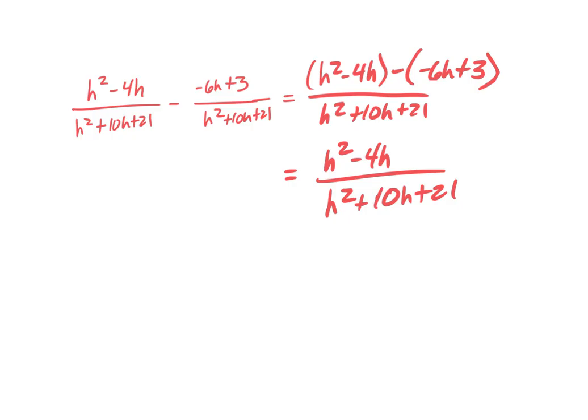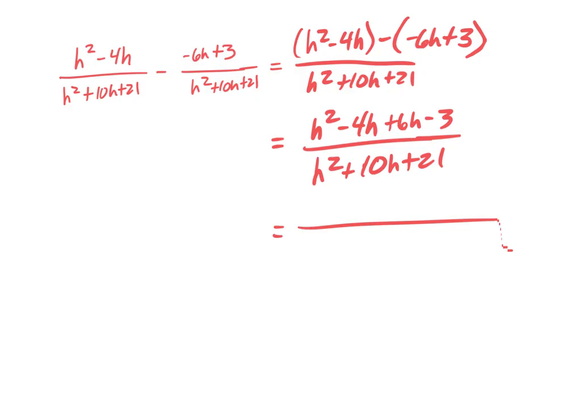And then when I have minus a -6h, this really becomes positive 6h minus 3. Okay, we're going to combine like terms here. The two middle terms can combine.